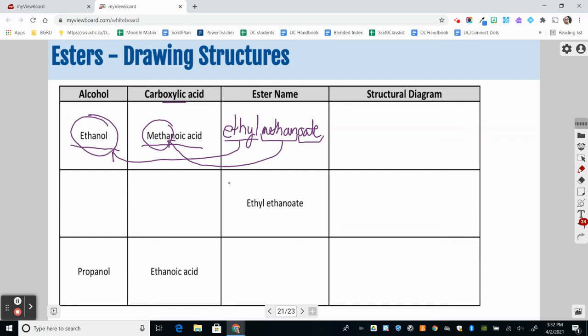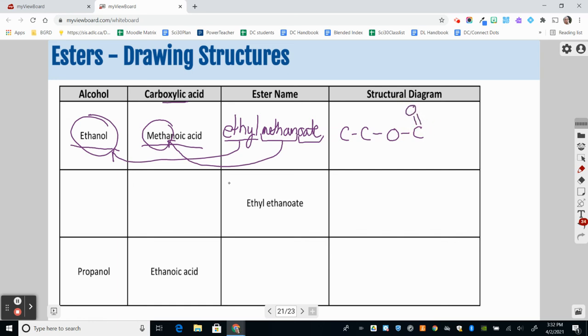So ethanol or ethyl is 2 carbons, so 1, 2, and it's attached to the single bonded oxygen. And then meth is just 1 carbon, and it is on the other side, and it contains the double bonded oxygen.